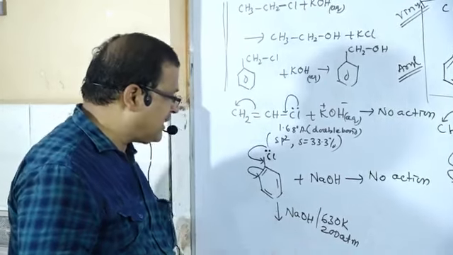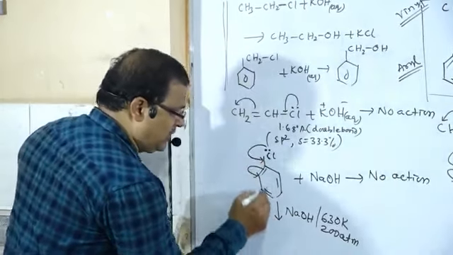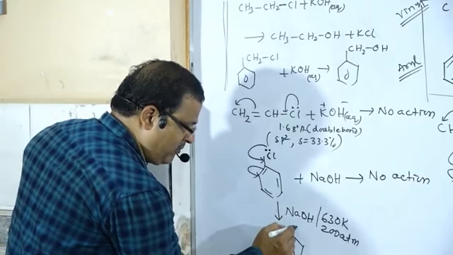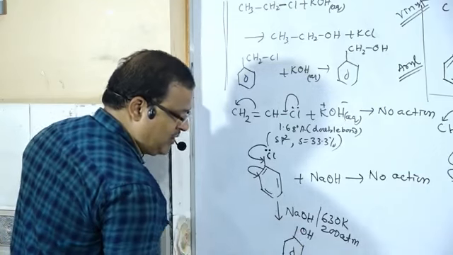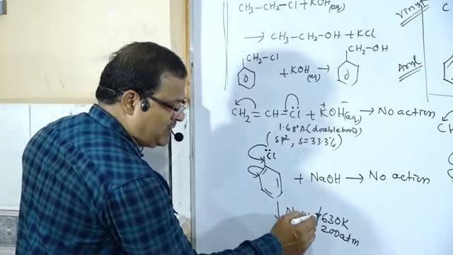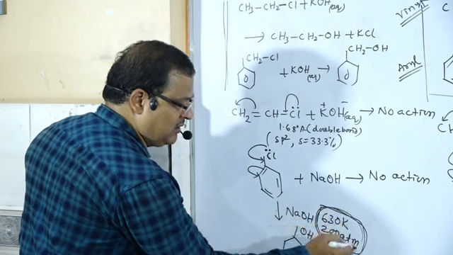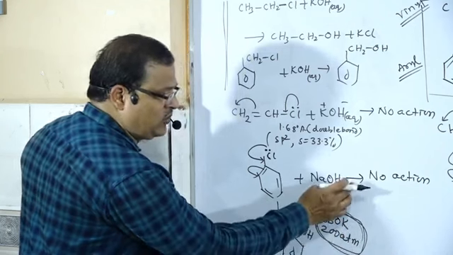This is the drastic condition that is applied. So the chlorine atom will get replaced by OH, giving phenol. At 630 Kelvin, high temperature and high pressure, normally there is no reaction.